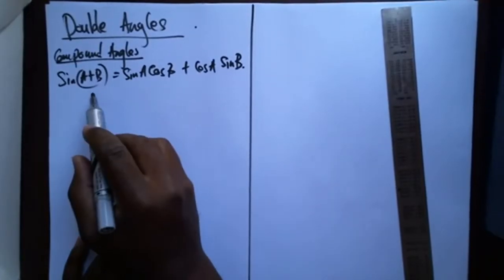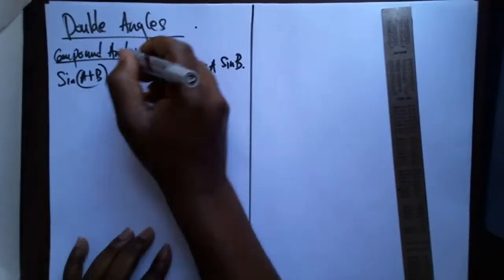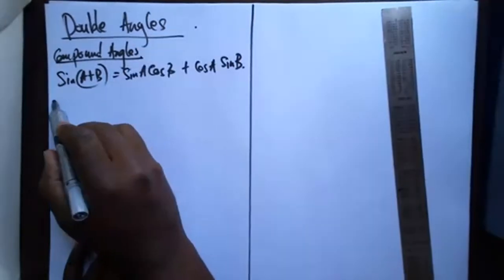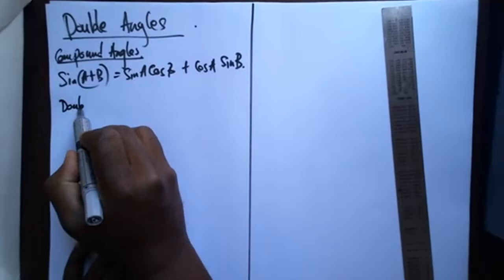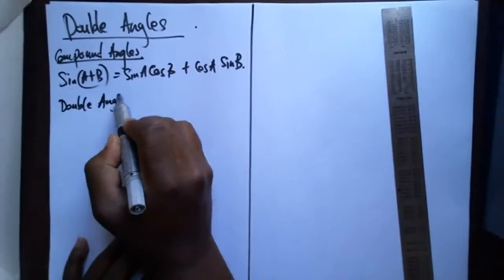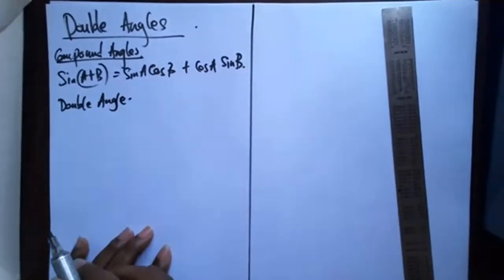So this is a compound angle. The double angle is derived from the compound angle.